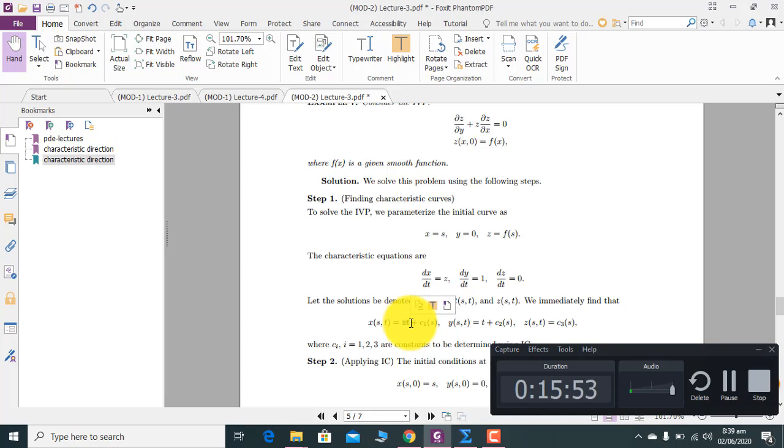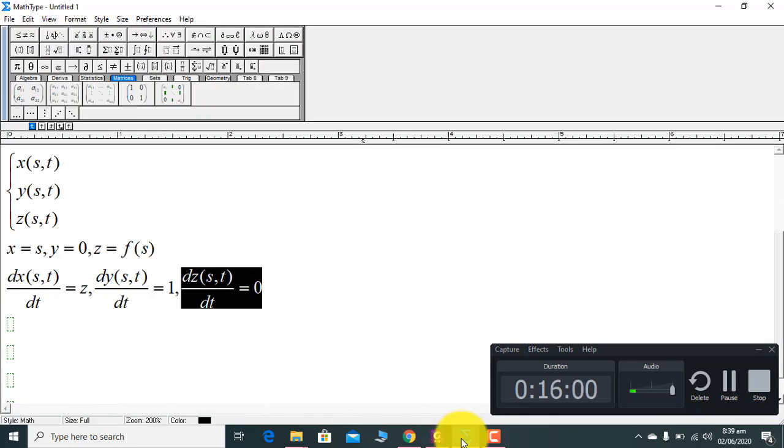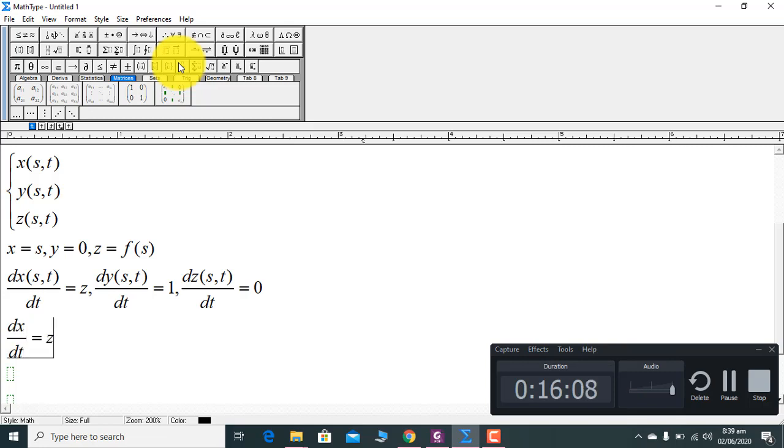Instead you must put c3, because z is constant with respect to t. Look, dx by dt equals z, where z is a function of s comma t also. So if you integrate both sides, you will get x equal to the integral of z.